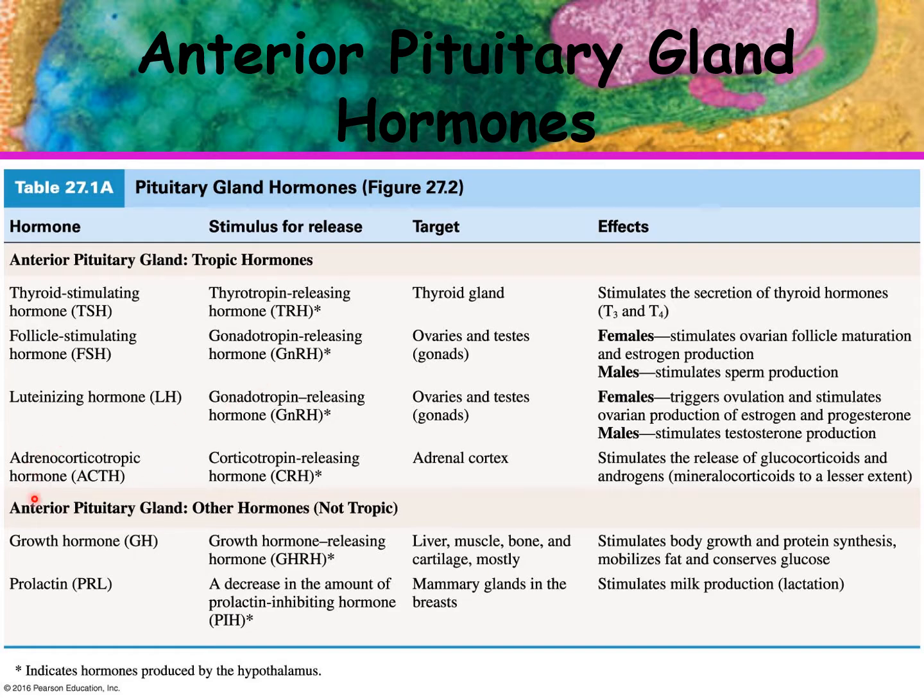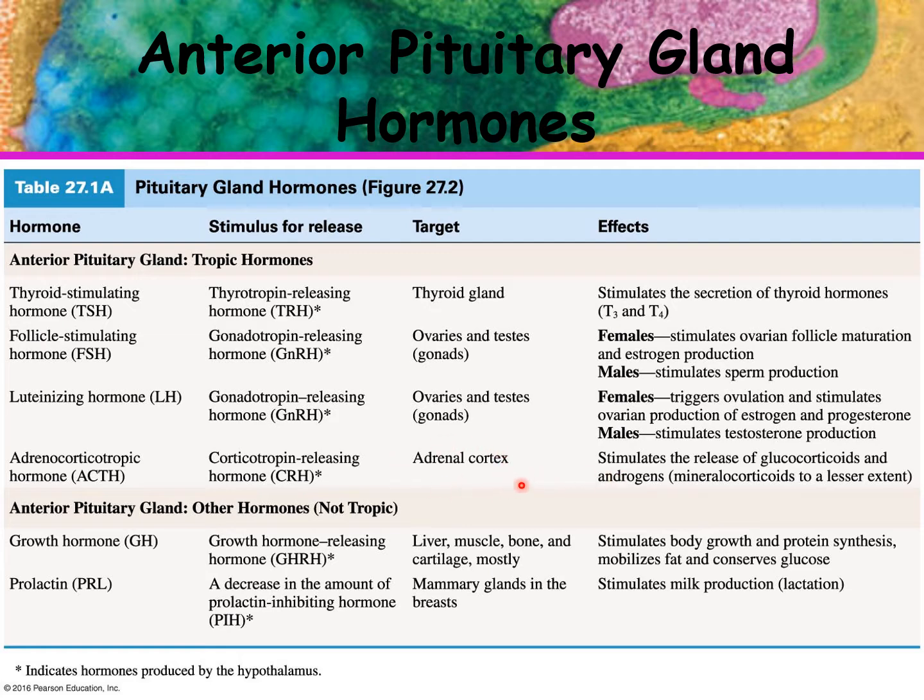The final tropic hormone of the anterior pituitary is adrenocorticotropic hormone, ACTH. ACTH works on the outermost portion of the adrenal gland, which is known as the adrenal cortex.